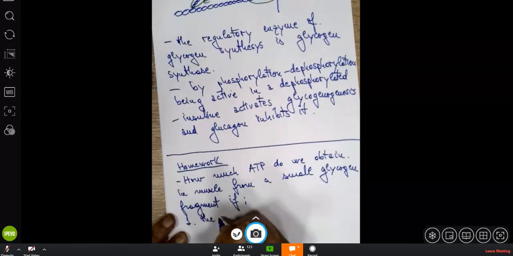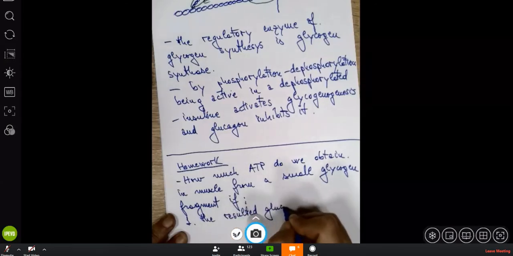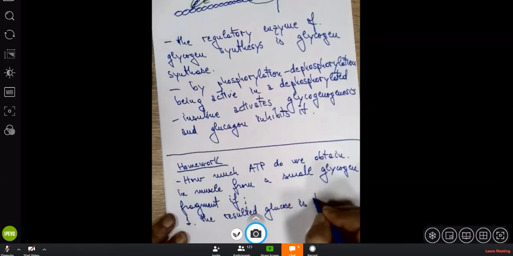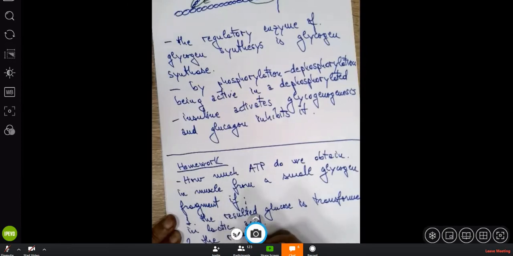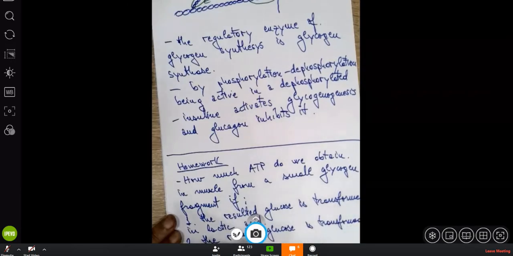The resulting glucose is transformed into lactic acid. 2. The resulting glucose is transformed into carbon dioxide and water.